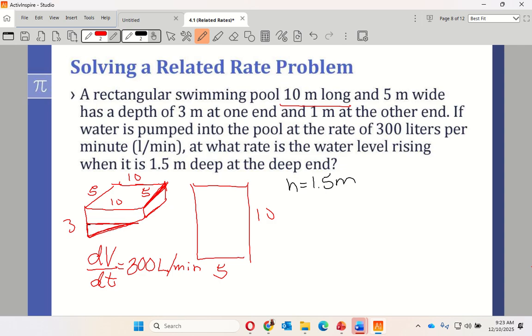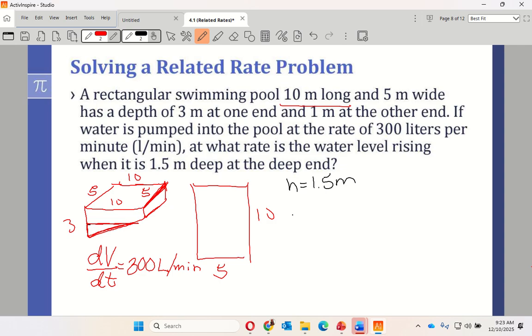At what rate is the water level rising? So I have an H, but what's my end result? What am I looking for? How would I write it? What's my notation for that? dH dt. The change in the height over time.